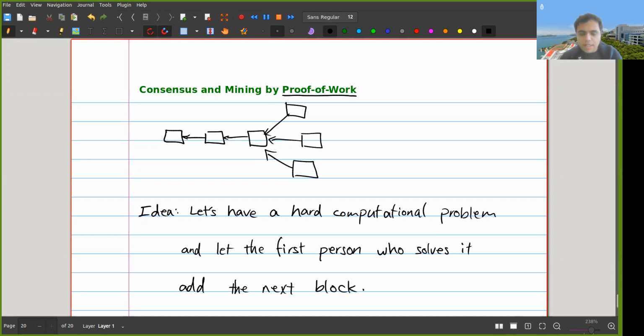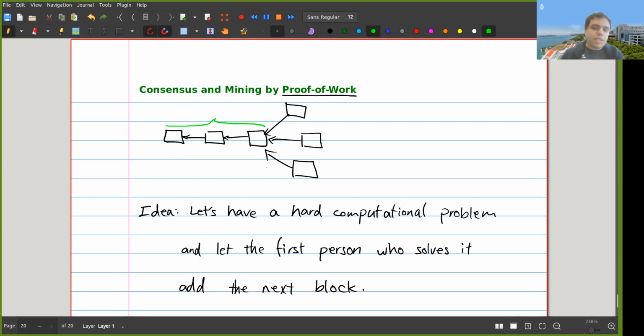So if this is the case, what that means is that suppose the whole network agrees on these first 3 blocks that we have here. Everyone is in consensus. And now several different people want to add a new block. So they're now in a kind of competition. And what they have to do is solve this computational problem as soon as possible.